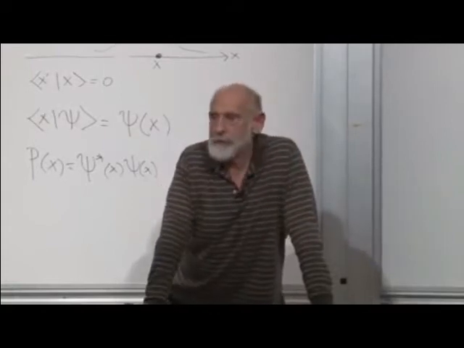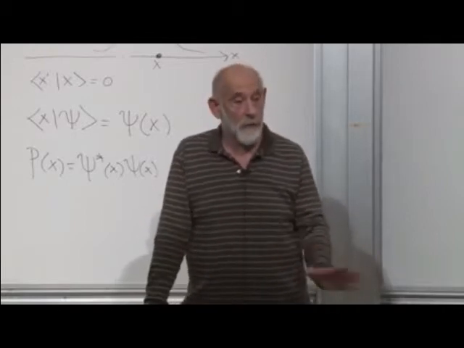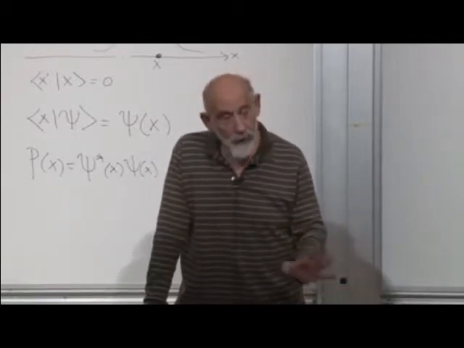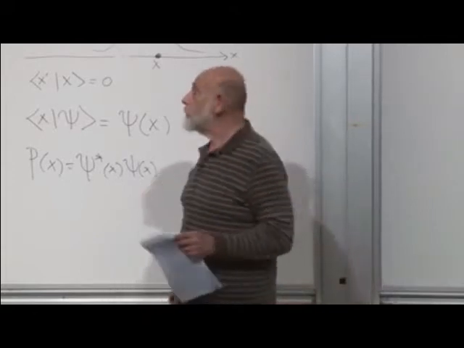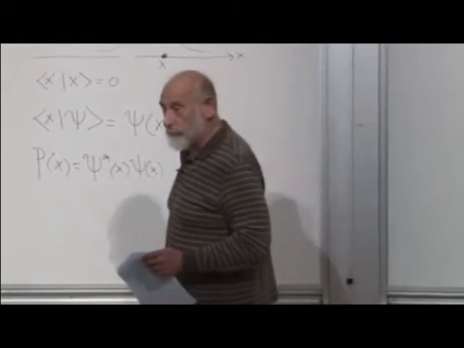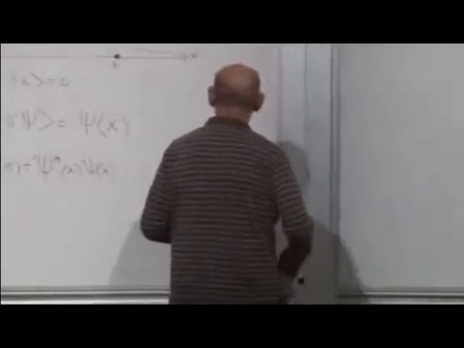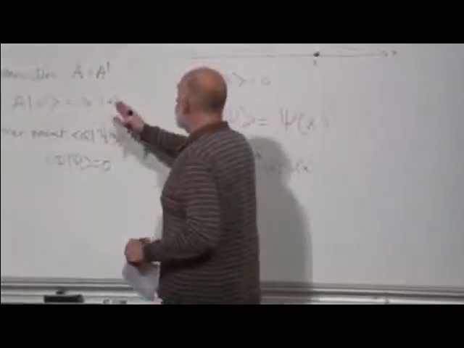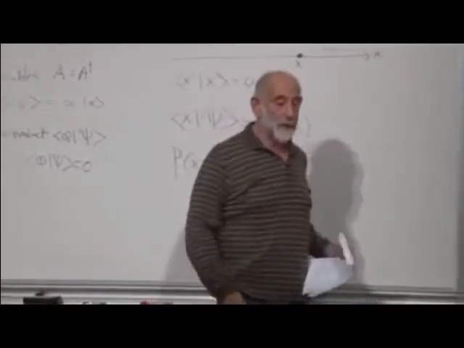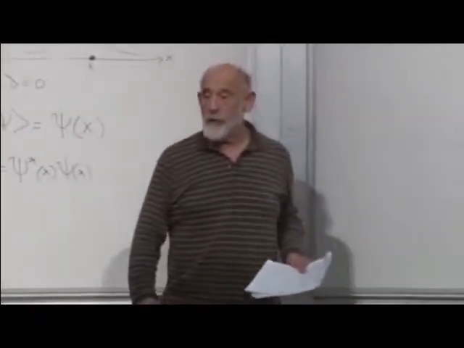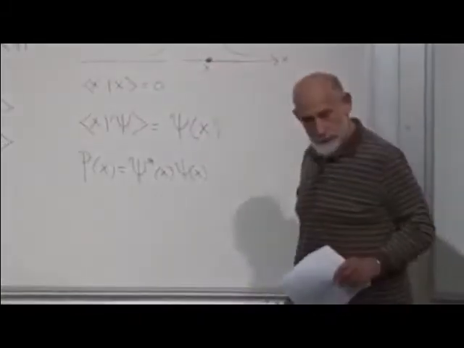In classical physics, for non-relativistic classical physics, the momentum is just the mass times that component of the velocity. In quantum mechanics, the momentum is also observable and is also represented by an operator, by a Hermitian operator. Hermitian operators can be thought of in the abstract as objects which act on mathematical vectors, the space of states, or they can be thought of more concretely as operations on wave functions.